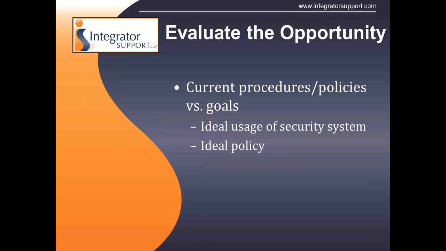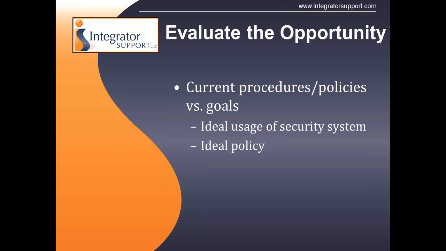And then are they looking at current policies that they're implementing, or do they have some kind of goal? Are they trying to prevent something from happening? What would their ideal solution be? If you ask that customer, "Joe, if this security system could do anything for you, what would be your first pick?